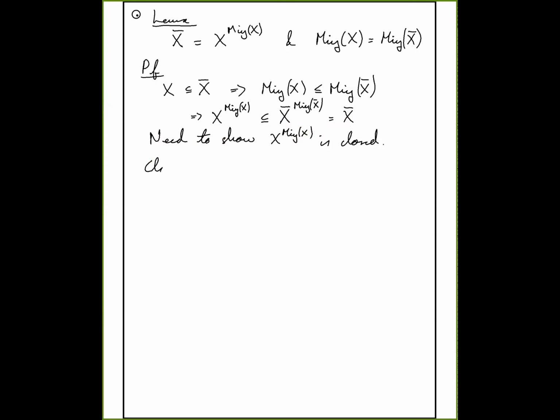So actually what I'm going to start by doing is this claim, which says that the Miyamoto group of whatever I get here, this new set of axes, I enlarge it once, and then I consider its Miyamoto group, my claim is that this hasn't got any larger.